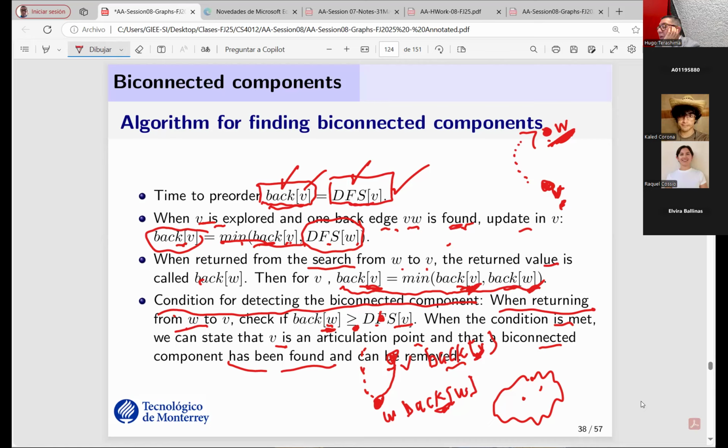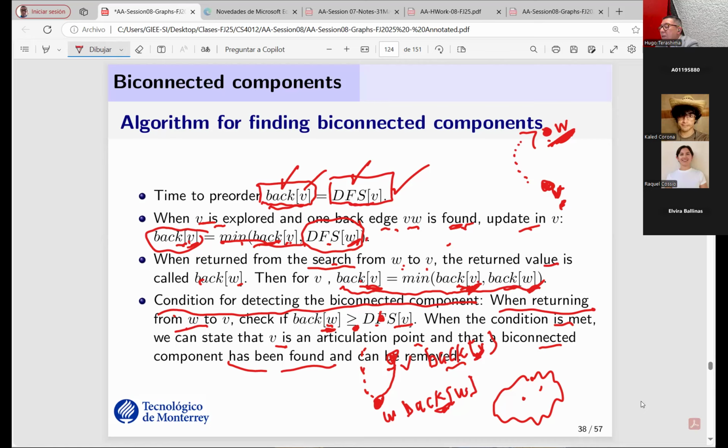You need to update the back of B with the value of the DFS of the W. So it means that you can go back from B up to this node that is up in the search. When returning from the search from W to B, the return value is called back of W. Then the back of B should be the minimum of back of B with the back of W. So you update the value.